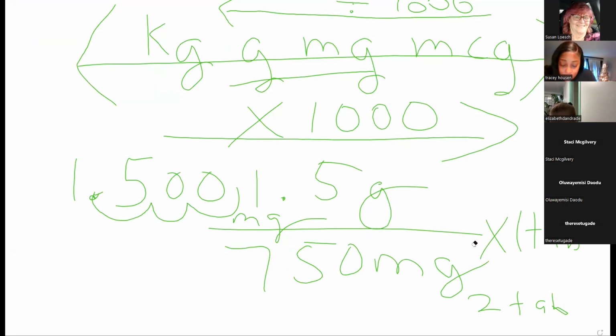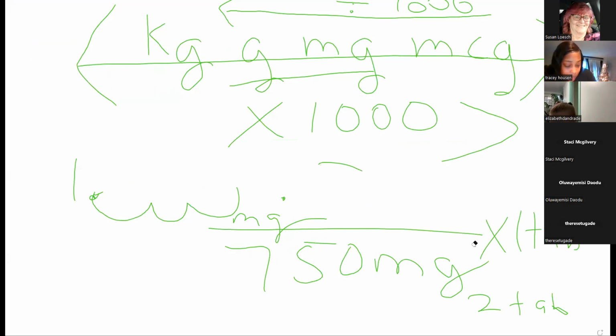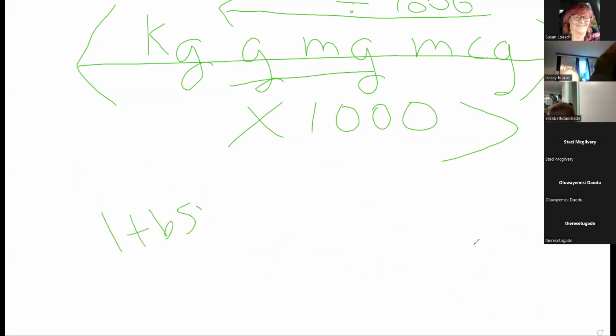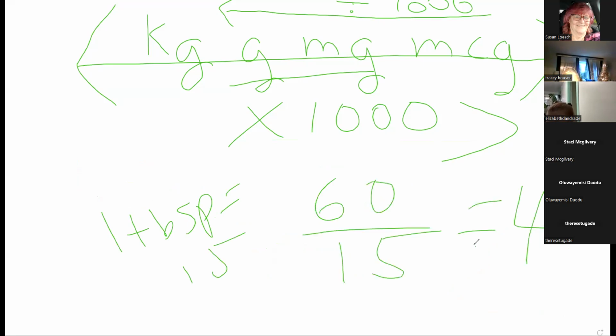So 4 tablespoons? Correct. So 1 tablespoon equals 15 mL, and 60 divided by 15 equals 4 tablespoons.